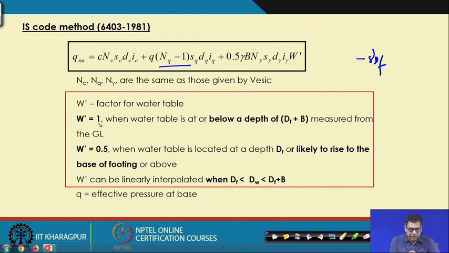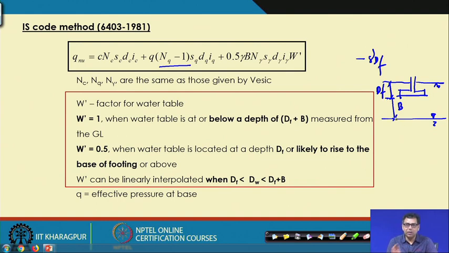The W dash value is 1 when the water is below Df plus B. If this is the ground surface, this is Df, the depth of foundation, and this is B, the width of foundation, and the water table is here, so that the total depth is Df plus B, then there will be no effect and the value is 1.